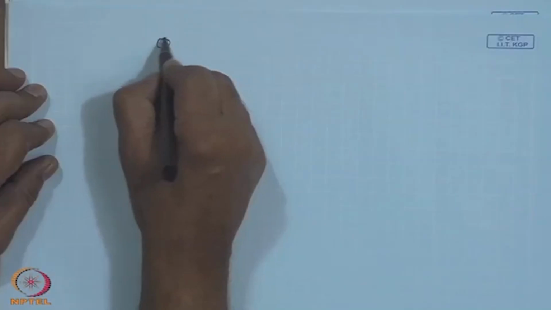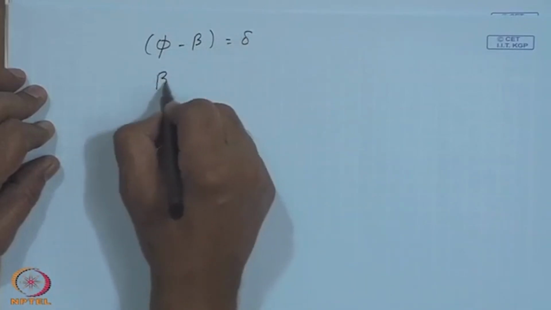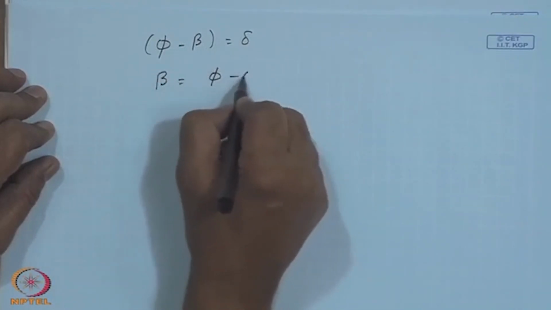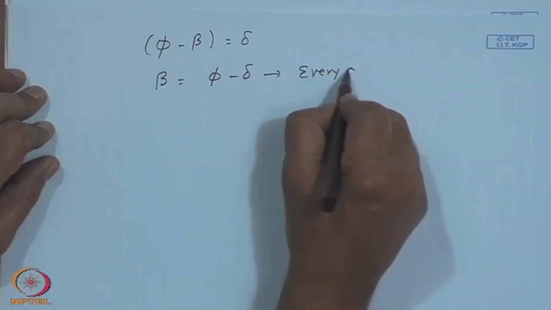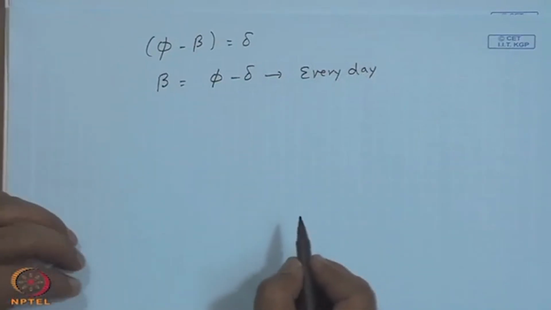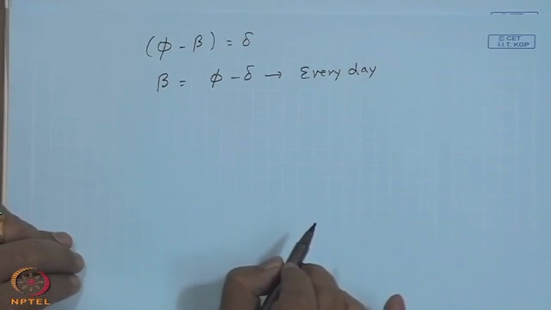So, I choose phi minus beta is equal to delta, or beta is equal to phi minus delta every day. That satisfies my tracking mode. The sun's rays are normal to the aperture at the noon time, providing the minimum angle at the noon time. Consequently, during the rest of the time, a south facing fixed surface for the day will be having a minimum angle of incidence.